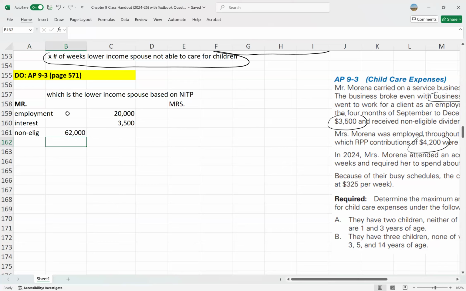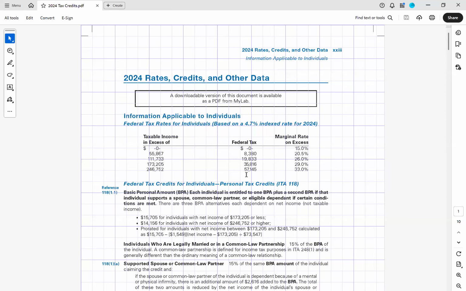Now, if you remember from chapter 7, when we did property income, we said that dividends need to be grossed up. So when we're trying to figure out the net income for tax purposes, we have to gross up this dividend. And this is sort of where we have to go to our rates table. So let's bring up the rates table to remember what the gross ups were for the dividends that we talked about in chapter 7. So here is the rates table.